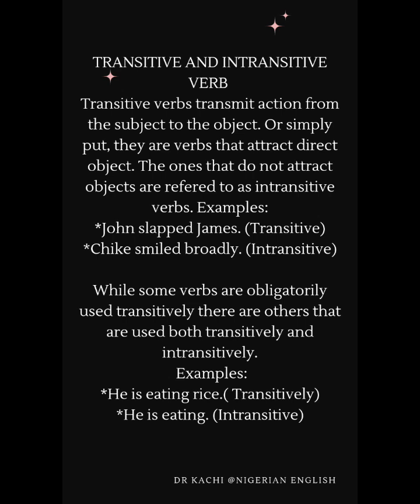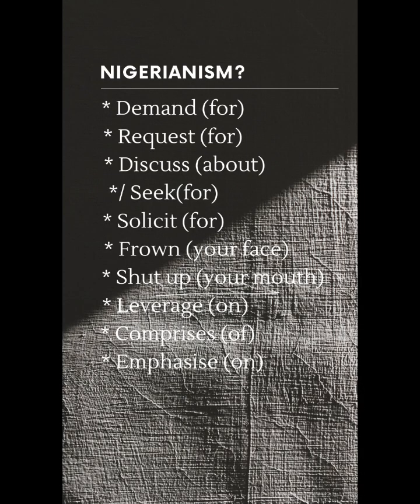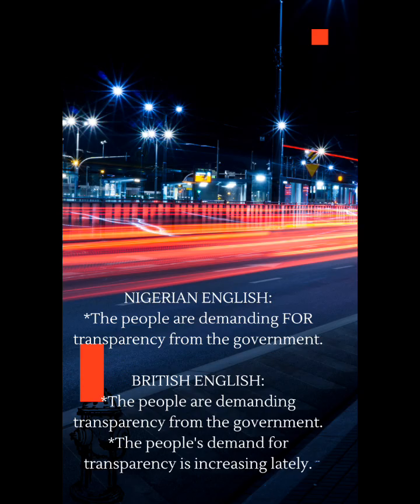Okay, now that we know what transitive and intransitive verbs are, let me quickly show you 10 British transitive verbs that are used intransitively in Nigerian English, and I'll be taking them one after the other. The first on our list is demand.